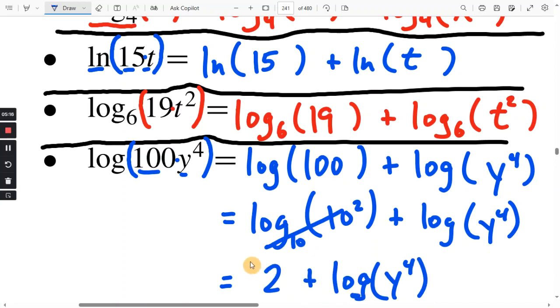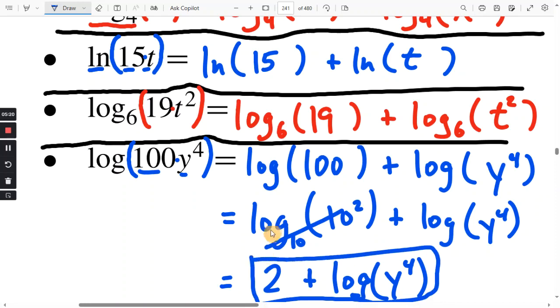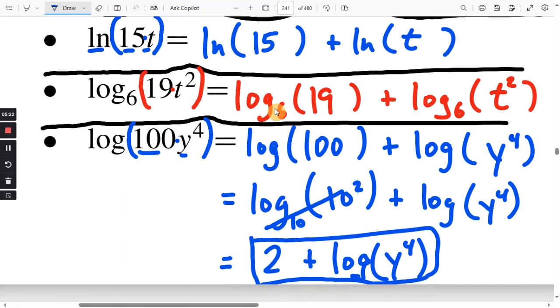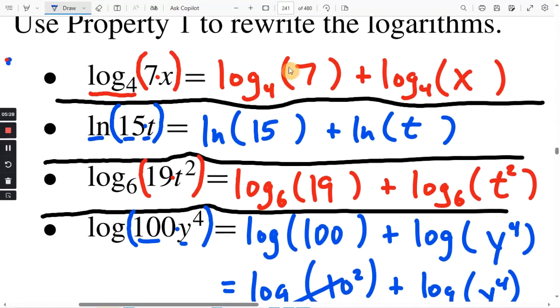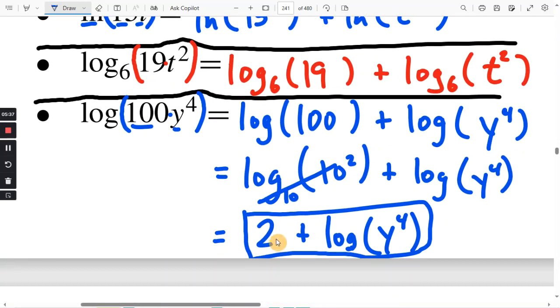All right, so that's it for that last problem. Now, really, the truth of the matter is, you can get a number for this or this or this. You can get numbers for all of these, but it's going to be an ugly decimal. Okay, but right here, it was just a 2, so I think that's why they actually solved this log here and made it a 2.